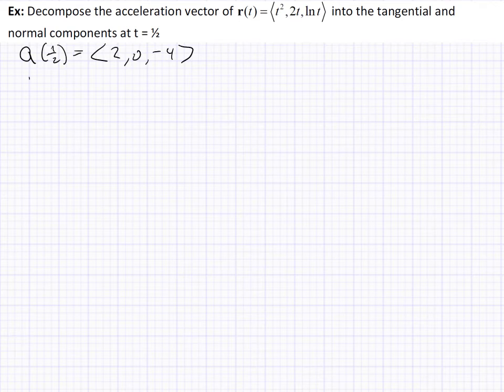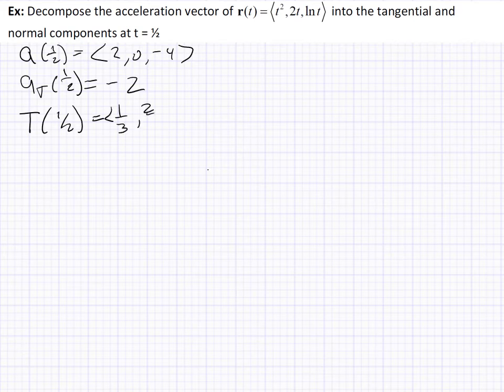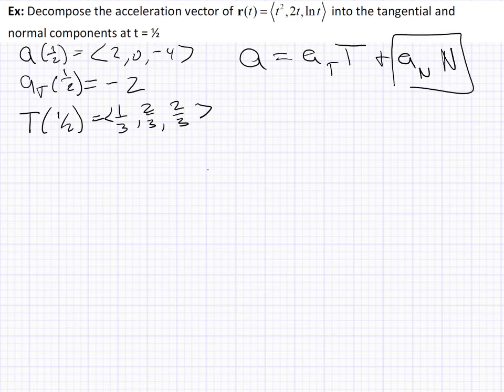We found out that a sub t at a half equals negative 2, and t at a half was 1/3, 2/3, 2/3. Okay? So remember we have this a equals a sub t, t plus a sub n, n.